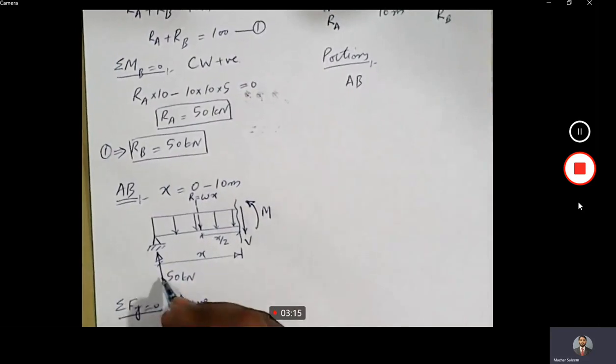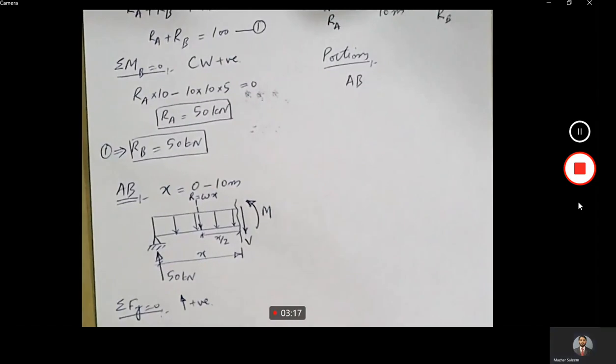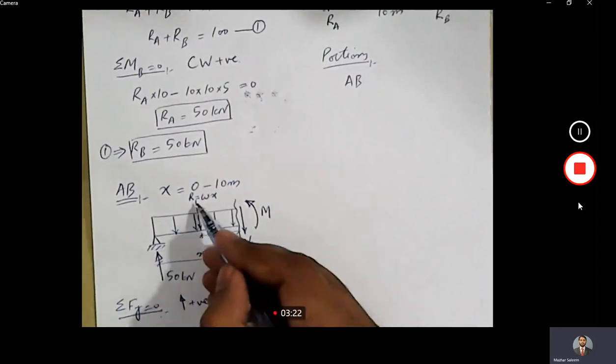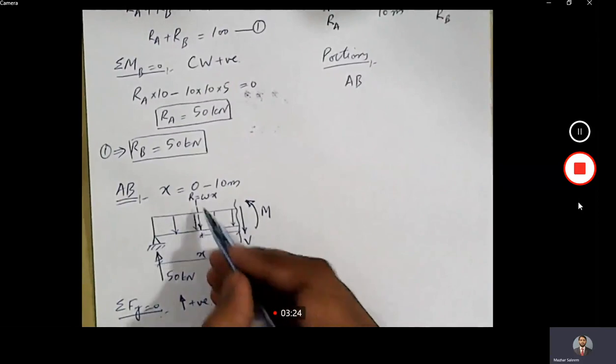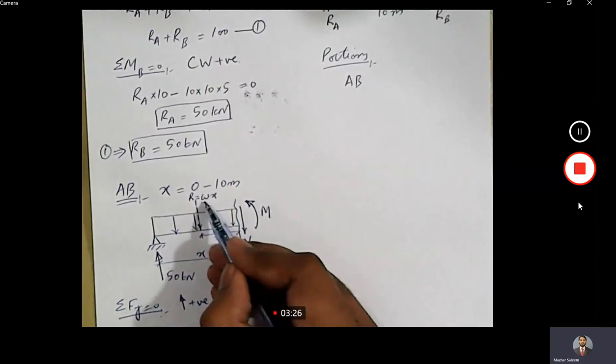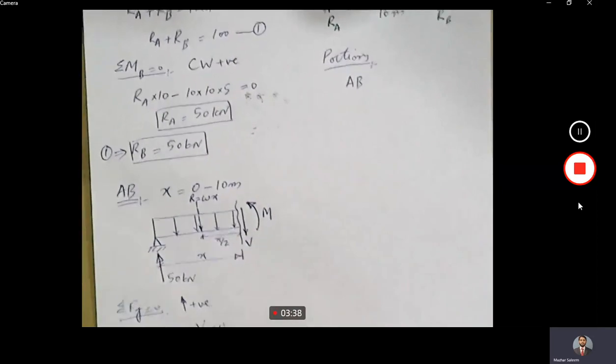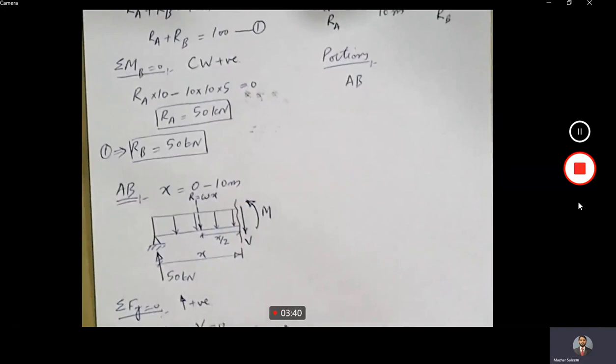This 50 kilonewton force acting in upward direction, so positive 50, minus this resultant which is acting in downward direction. How much is the intensity? Intensity is 10 kilonewton per meter, and this span is x, so 10 into x. What else? This V is acting in downward direction, so minus V is equal to 0.